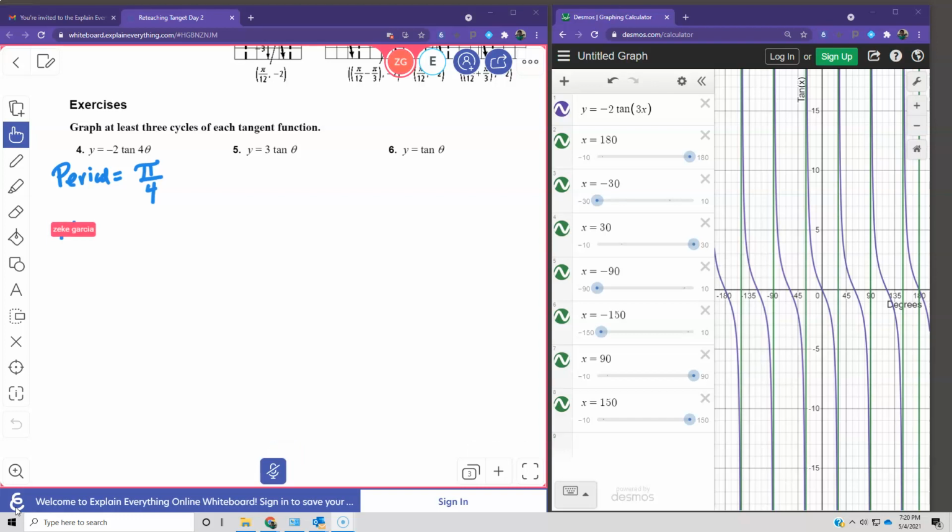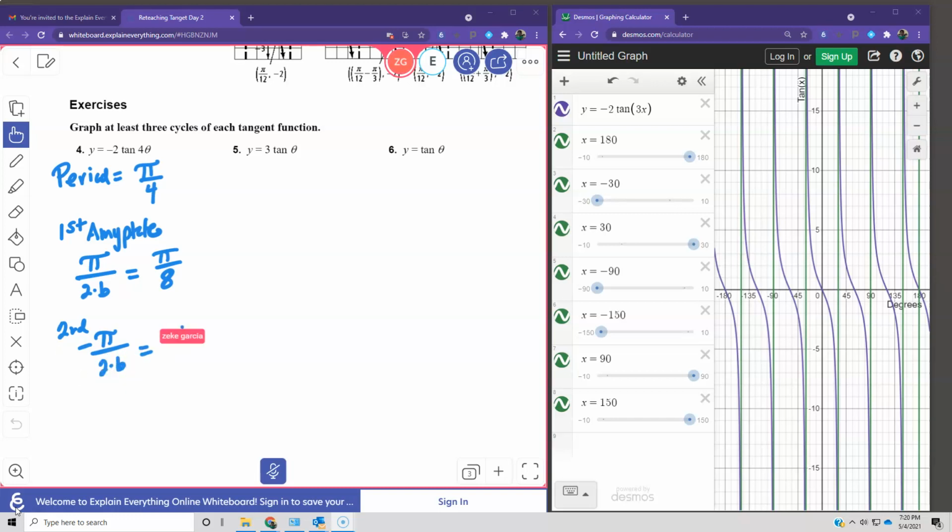The first asymptote is pi over 2b. In this case, b is 4, so it's going to be pi over 8. The second asymptote is negative pi over 2b.